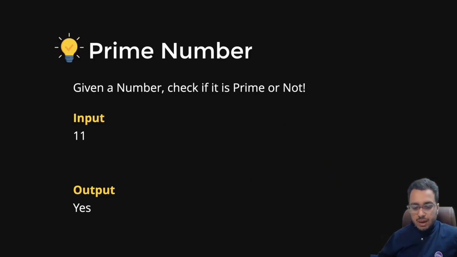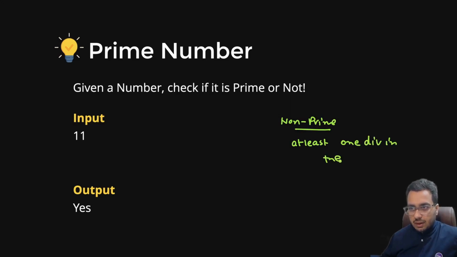So what is a non-prime number? A non-prime number will have at least one divisor in the range 2 to n minus 1. So why 2 to n minus 1? Because we have seen that 1 and n divide all the numbers.